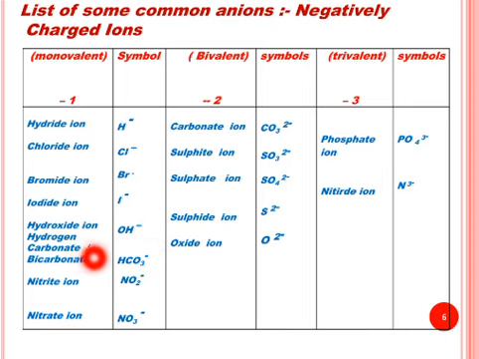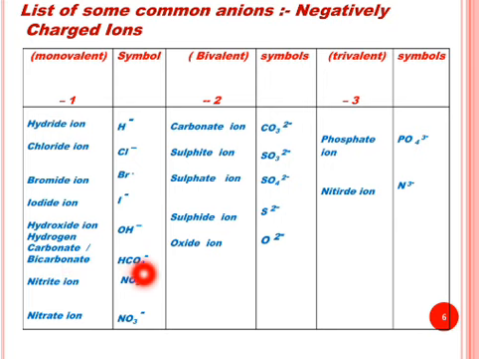Hydrogen carbonate or bicarbonate ion is again polyatomic. Let's calculate the number of atoms present in this ion: 1 hydrogen, 1 carbon, 3 oxygen atoms. So the total number of atoms in HCO3 is 5. So the atomicity of hydrogen carbonate or bicarbonate is 5.